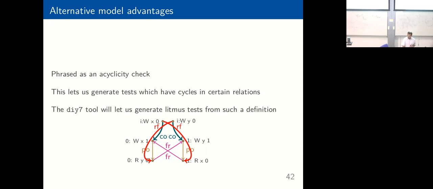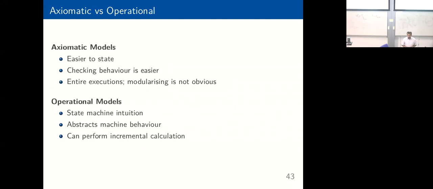Okay. I think I have spent about 45 minutes on this. So very quickly, I'll finish up just this bit and then take a short break. As was anticipated already, axiomatic and operational models have different strengths.